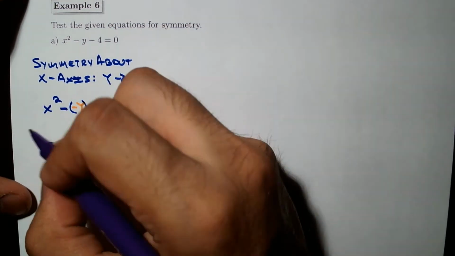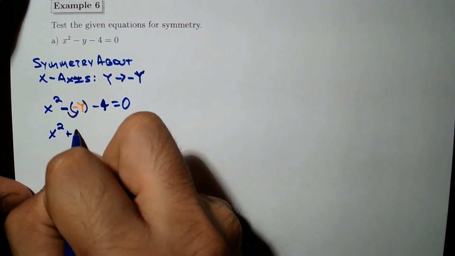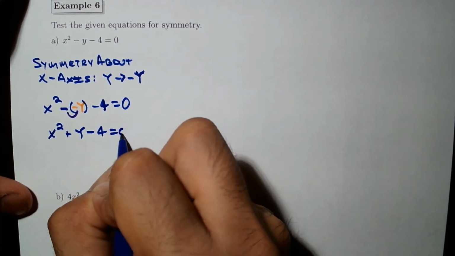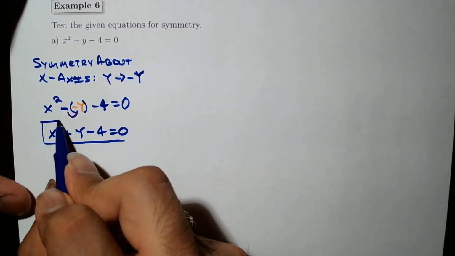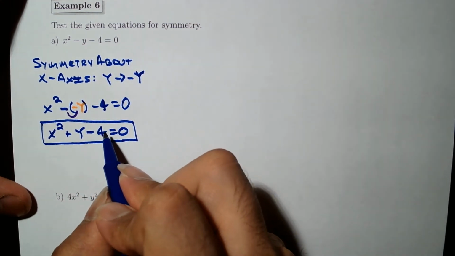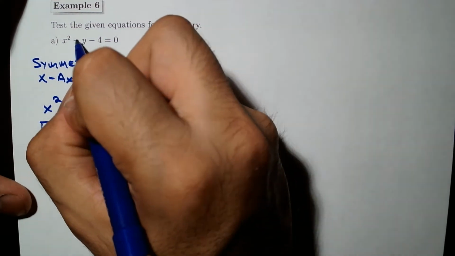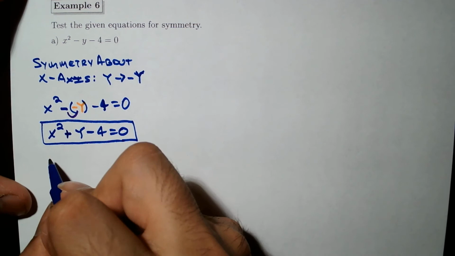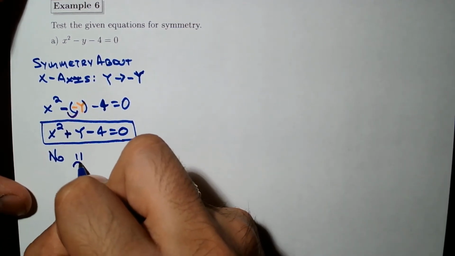In this case we use the smile rule, and we get x squared plus y minus 4 equals 0. Now you need to check this. Is this exactly the given equation? It is not the same equation, because we have a plus here, and the original equation has a minus for y. So in this case, no.